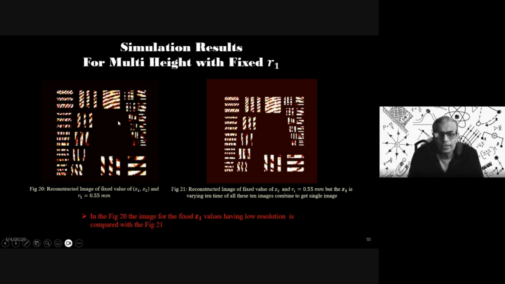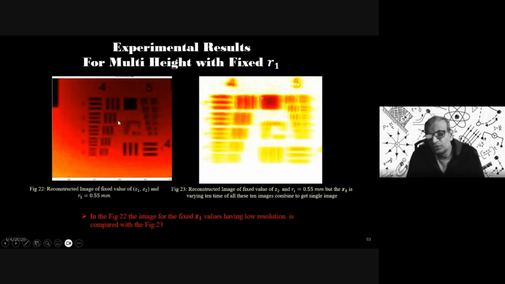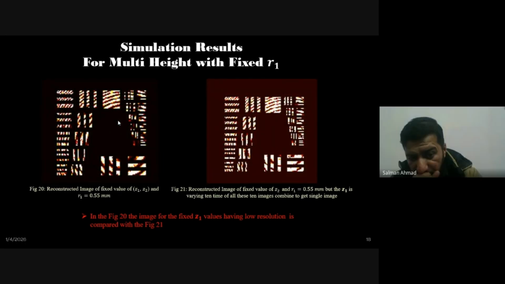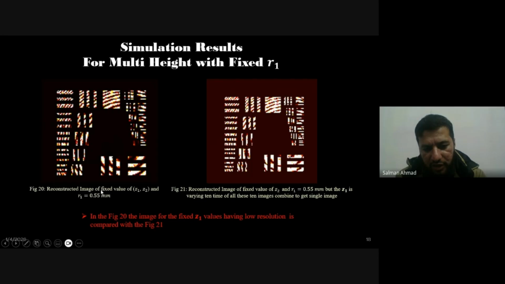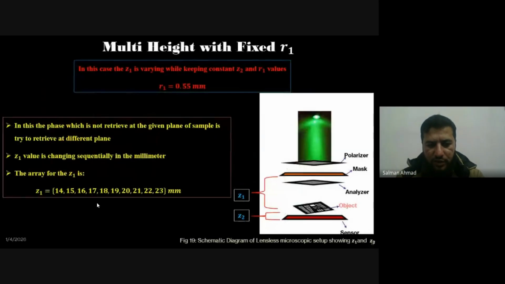It's a complete simulation, not actual data. We use the data here, like the value of R1 in the transmission function is 0.55 millimeter, and the distances are the ones we used in the actual experiment. We put these values in that simulation part.